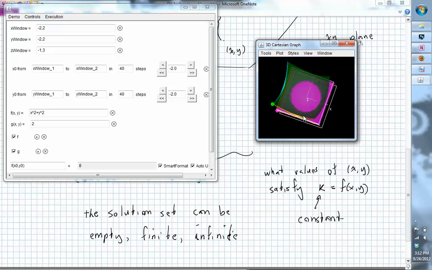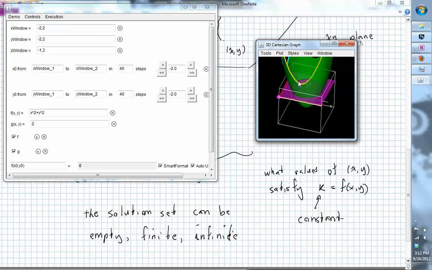It's a circle. If you look down from above, it's not the inside of the circle, it's the boundary of the circle. If I take any xy point on the boundary of that circle and I plug it into F, what do I get? I get 2. This is called a level set, for obvious reasons, right? It's level. It's all at the same height.